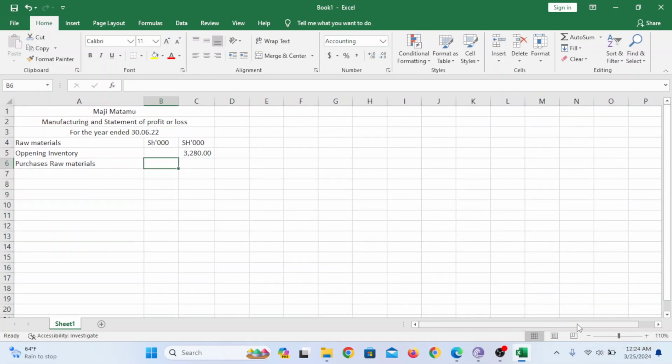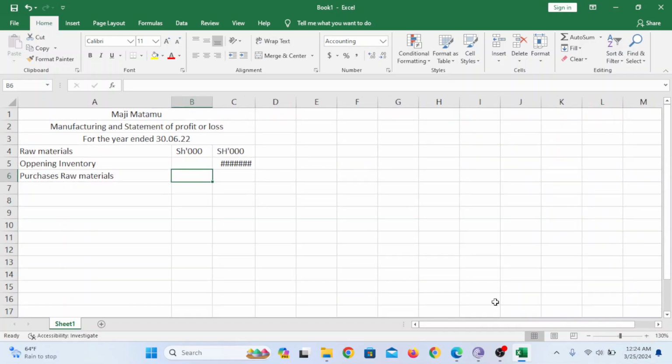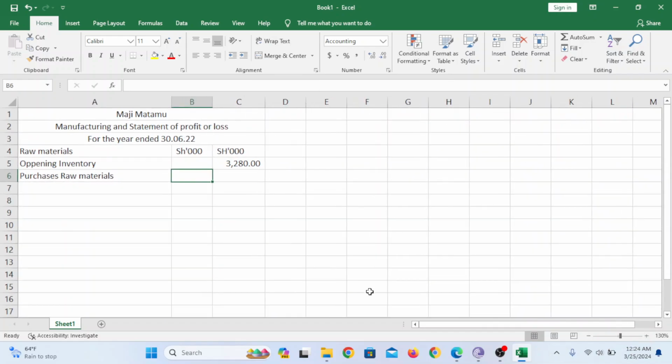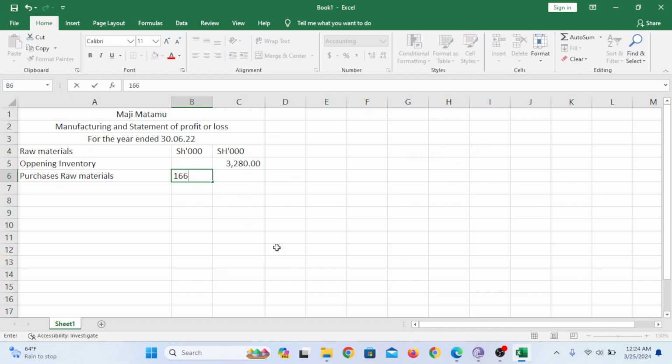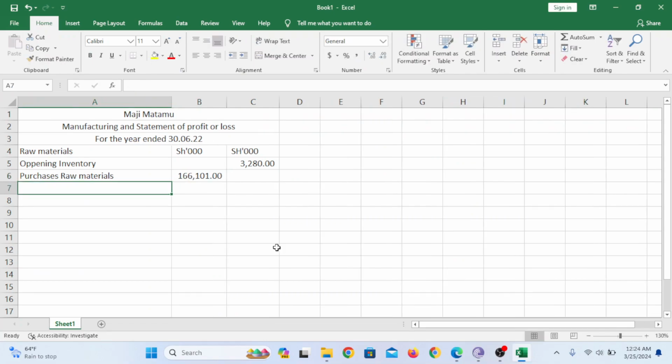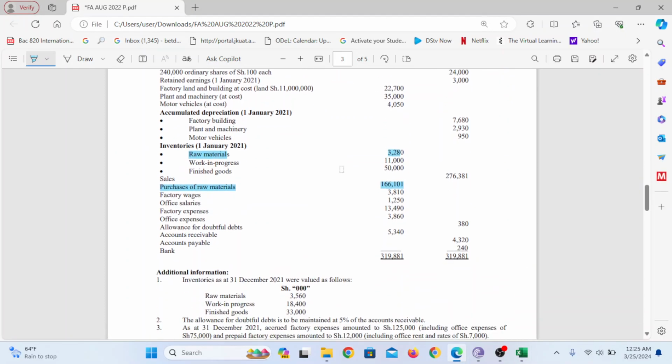Now the purchases of raw material in regards to our question was given in the trial balance here, that is 166,101. And then we need to add carriage inwards, if it is there. In the question we didn't have carriage inwards. It should be in the trial balance.